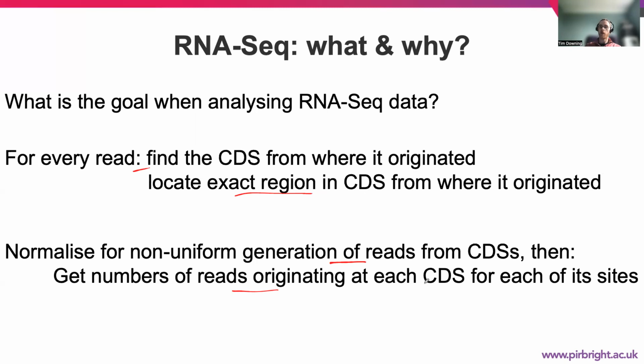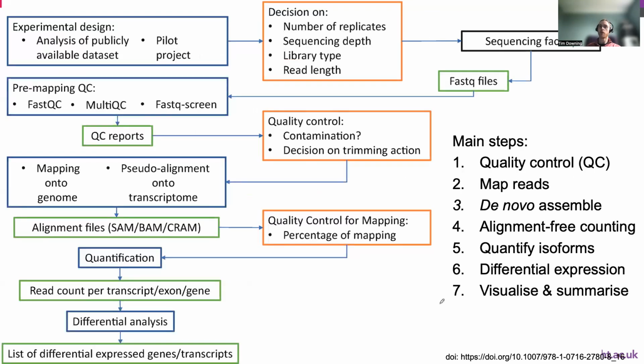There's a good article referenced down here with this kind of layout, which gives a good indication of the main steps in this process. I mentioned before that we have experimental design, which we're going to concentrate on here, to think about these parameters that can address our sequencing research question. We have the sequence generation, the FASTQ file. We do QC here, which is very important.